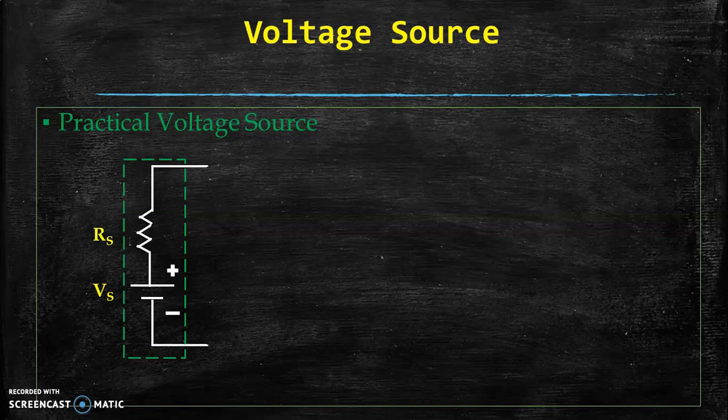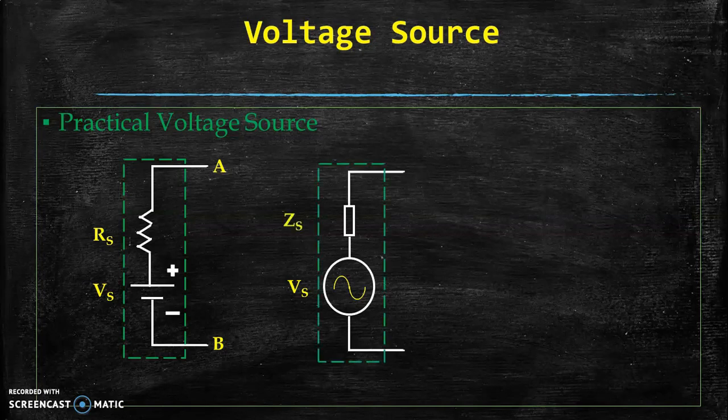R is for resistance, and suffix S we use for source, and then the voltage is taken at the terminals A and B. In the same way for AC voltage source, some impedance is connected in series with the source, that is known as ZS. Z we use for impedance, and the voltage is taken at the terminals A as well as B.